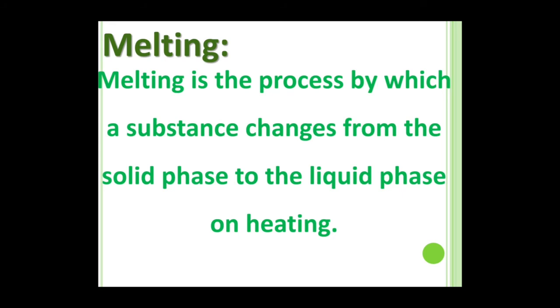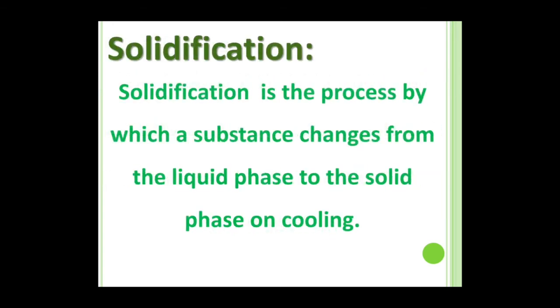On the contrary, the opposite of melting is solidification, which is just the reverse of melting. So by definition we can say that melted metal is solidified to frame different shapes.